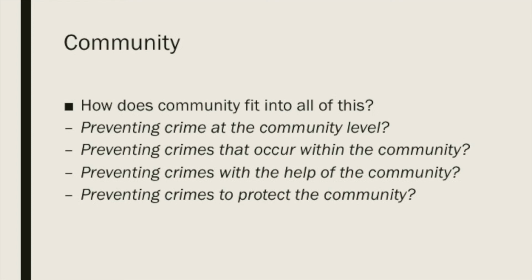For example, if we're talking about preventing crime with the help of the community, or crimes occurring within the community, or at the community level, whatever these things all mean, it says that certain crimes are probably, or maybe not, beyond the scope of this form of prevention. So, for example, environmental crime, transnational crime, are these sorts of things the purview of crime prevention as it is commonly understood and practiced?